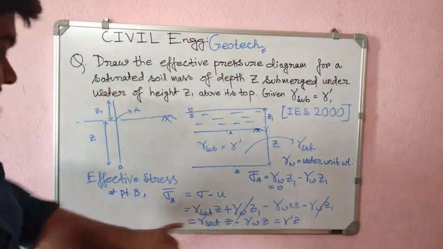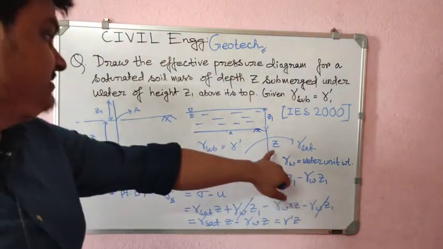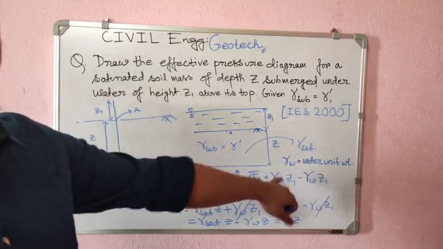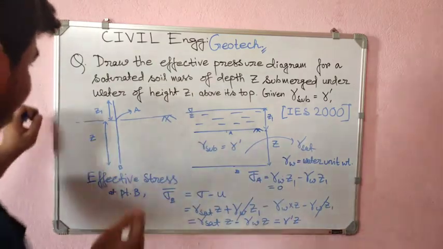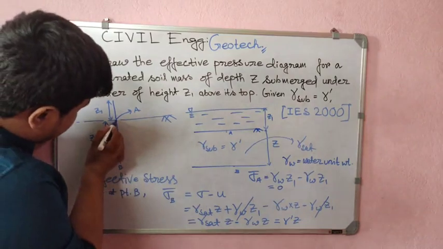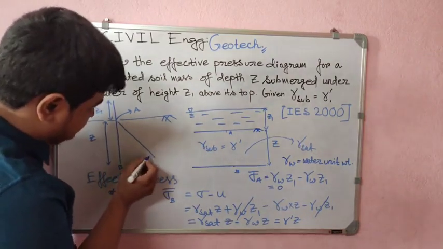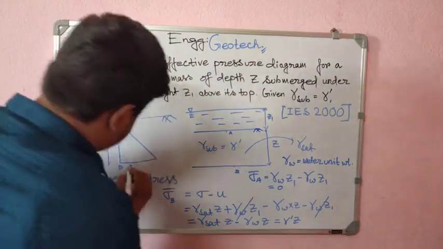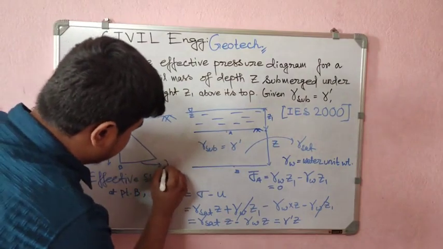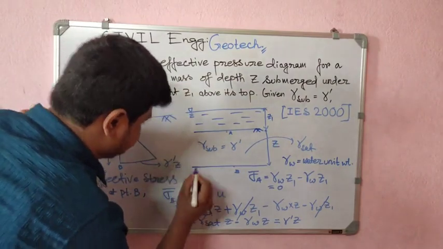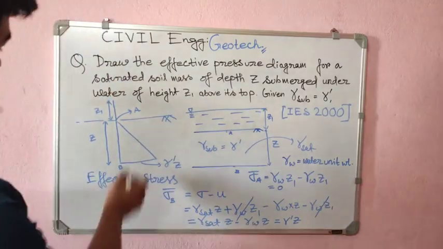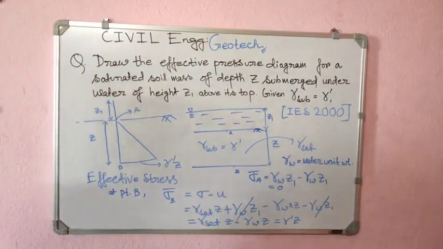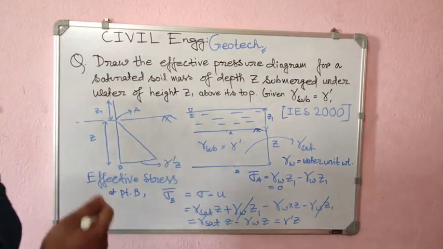So what we can see is that it's a linear variation across z, so it will be a straight line. The variation will be like that. So this is gamma dash into z, and this is the diagram of effective stress for this problem.